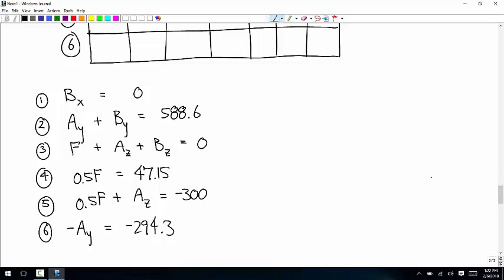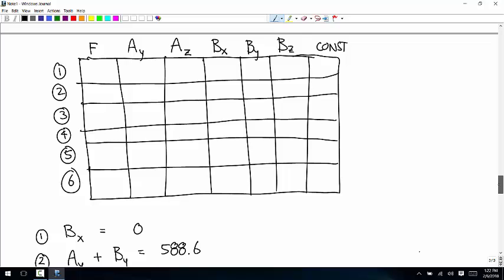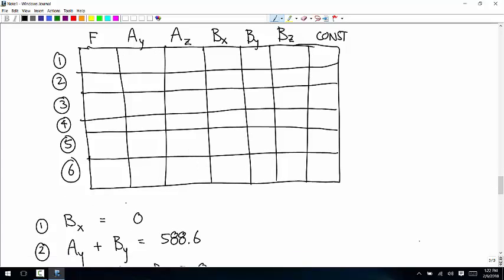Okay, so equation 1. We have 1 times Bx, so the coefficient of Bx is 1, and the constant is 0, and everything else is 0.